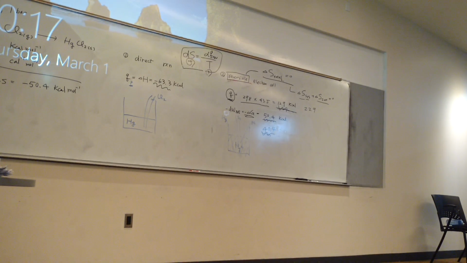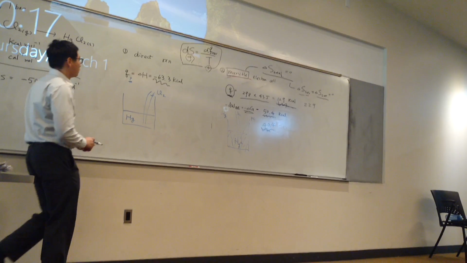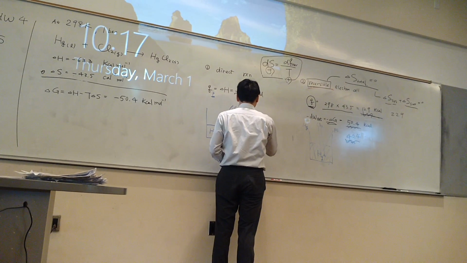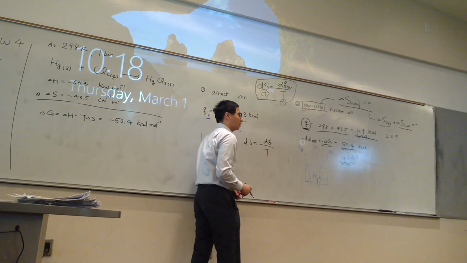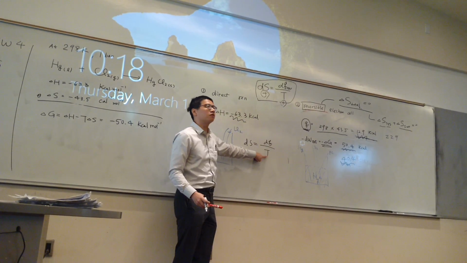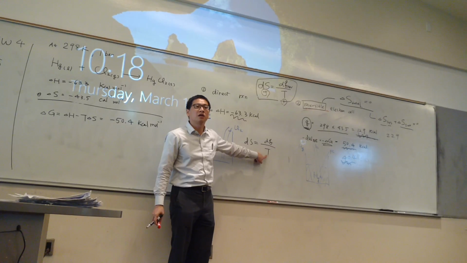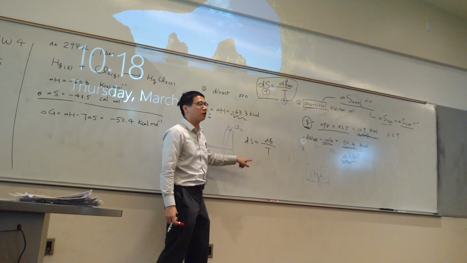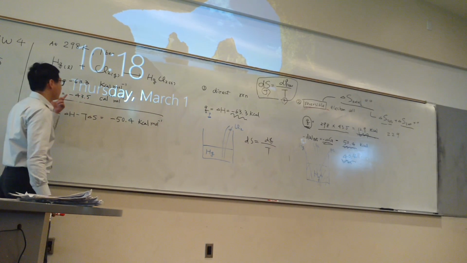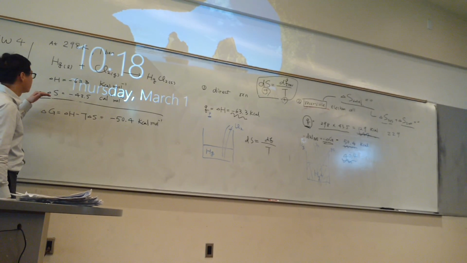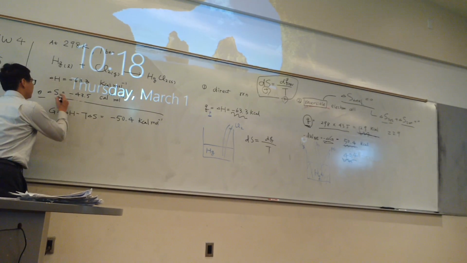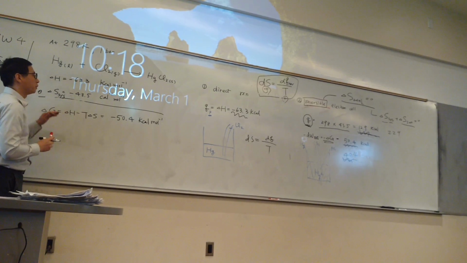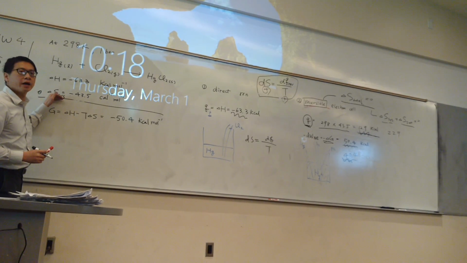Some students are going to say, okay, because I know dS equals dQ over T, then you start to put this number here and divide by T. It's not correct, okay? Because the delta S system is a state function, and it's provided here. That means no matter how you go to there, the delta S system will always be the same, okay?